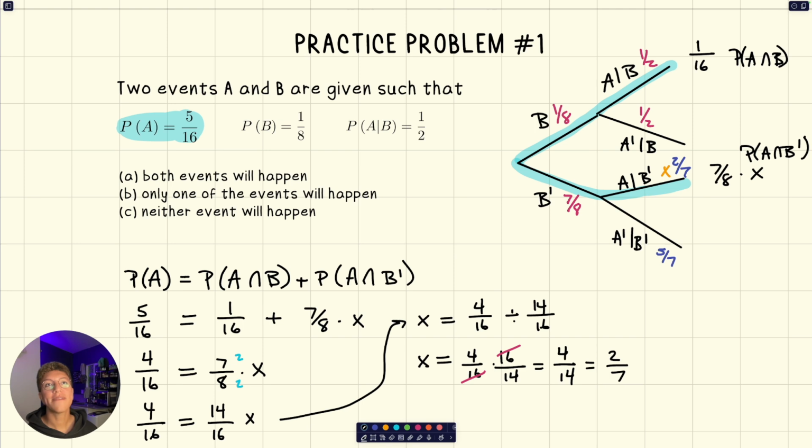We get 7/8 times 2/7, which now gives us, blue, we get 14/56. And our very last branch, let's do that in blue as well. We get 7 over 8 times 5 over 7. We get 35 over 56.